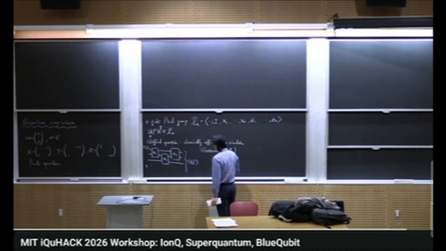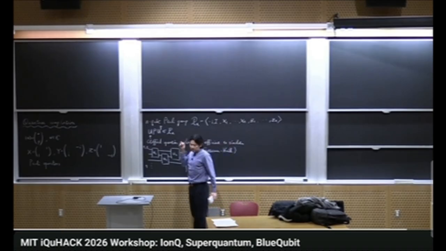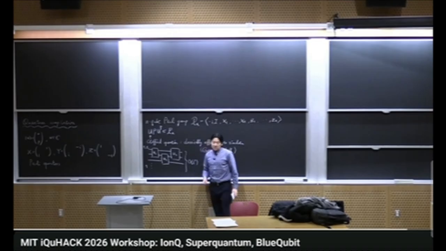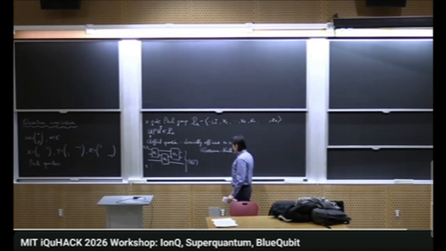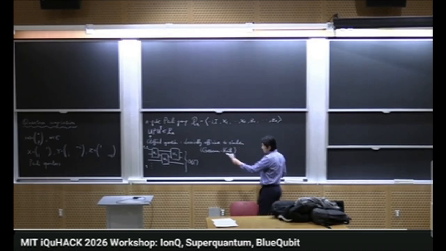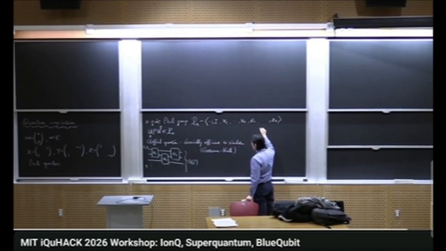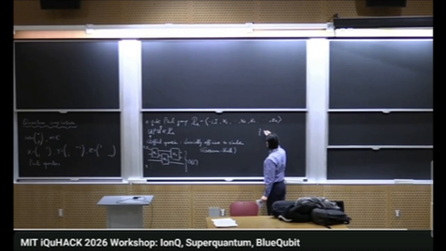One side note is that the Clifford operation is not only not universal for quantum computation, but also not universal for even classical computation. So let's play around with this and see how it works. We typically consider a minimal set of Clifford gates: CNOT, Hadamard, and S gate.